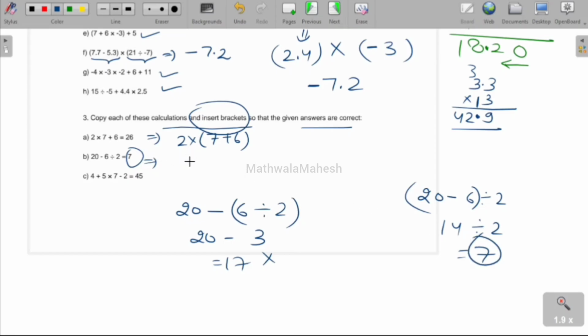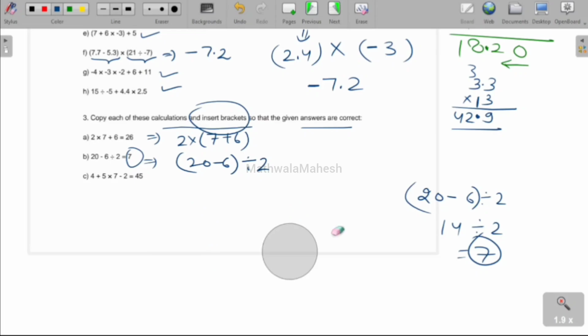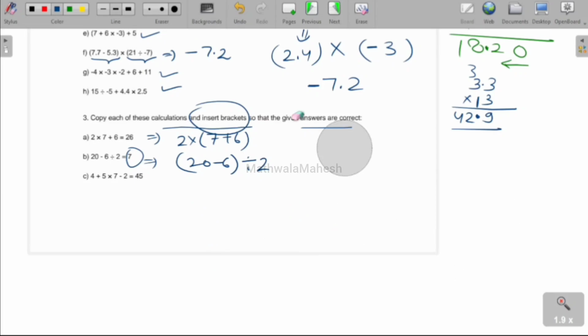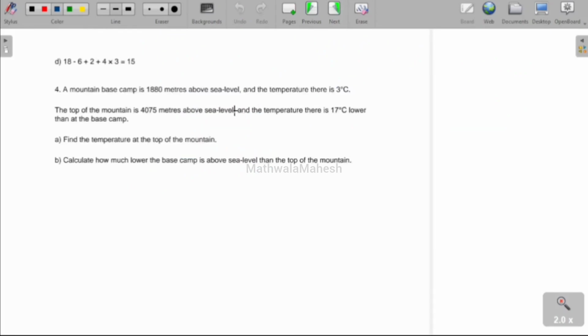So for this one we will provide the bracket for the first two numbers. So I hope you understand the method, and now you can do this question by yourself. We'll move on to the next one.